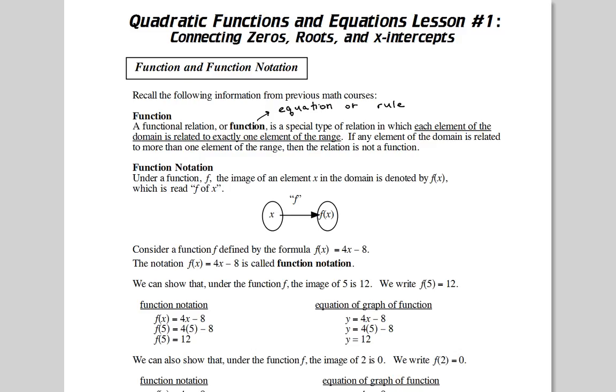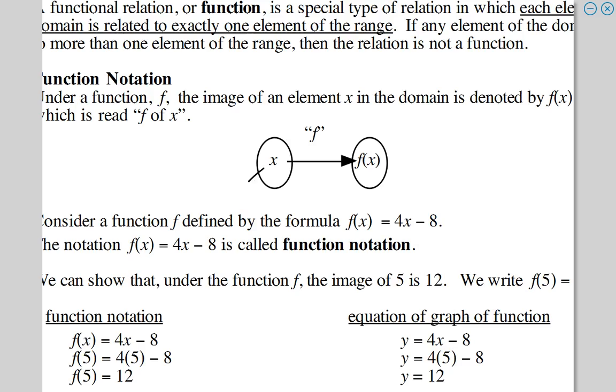Okay, so if you take a look at what happens here, x is some input value. Some input value, a rule is applied, and that's your function. And then you get this new thing called the output value.